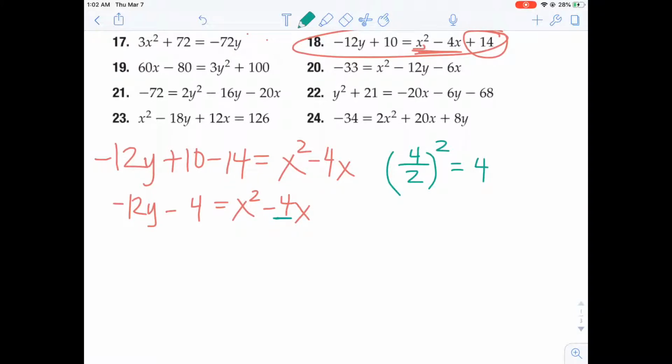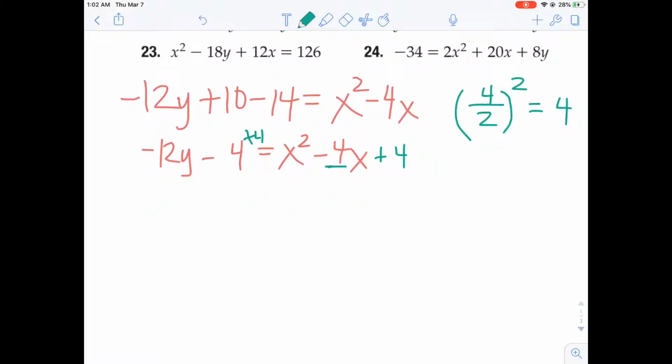So what we're going to do is add 4 to both sides of the equation. So on the left hand side here, we already had a minus 4, and then when we add 4 it just becomes 0, so we're left with negative 12y is equal to x squared minus 4x plus 4.